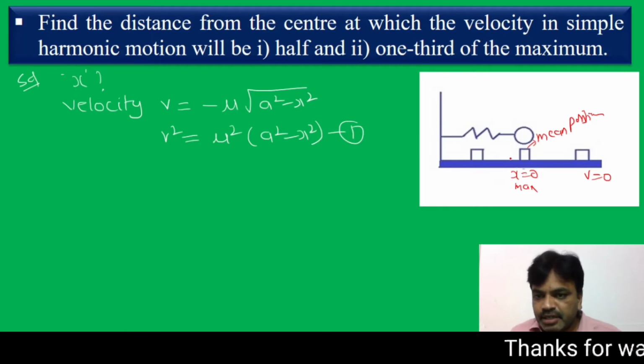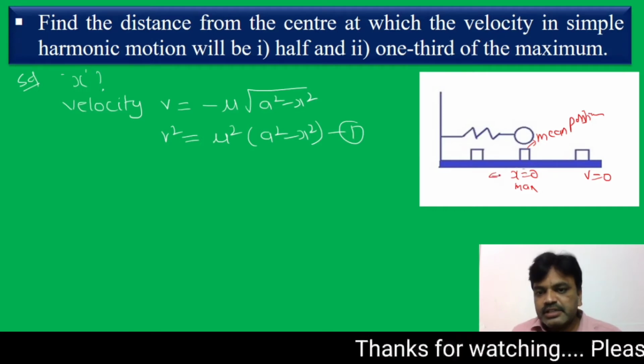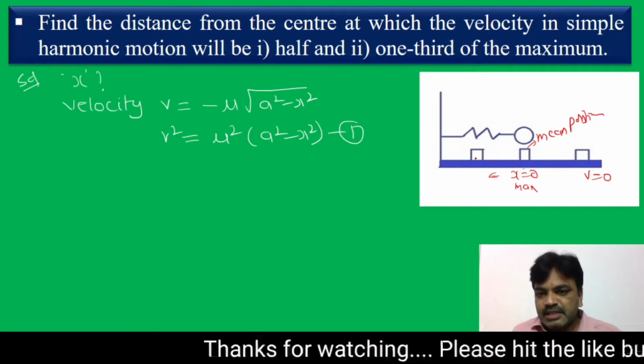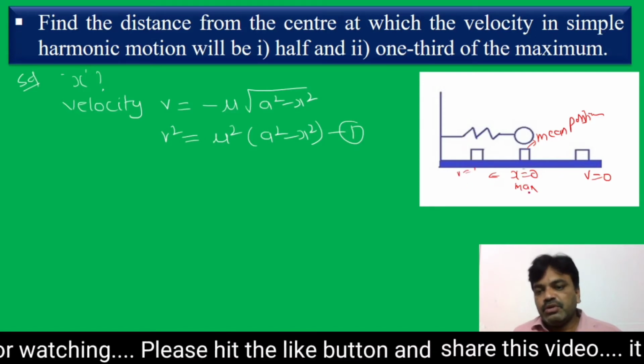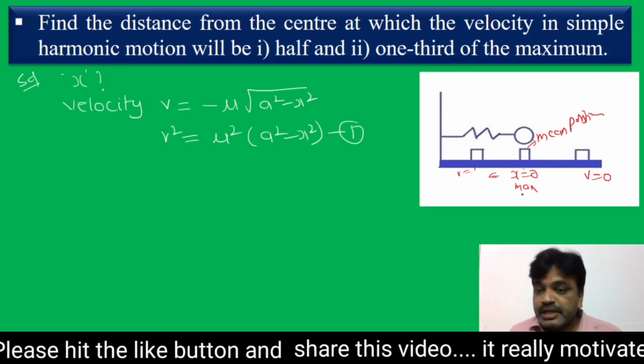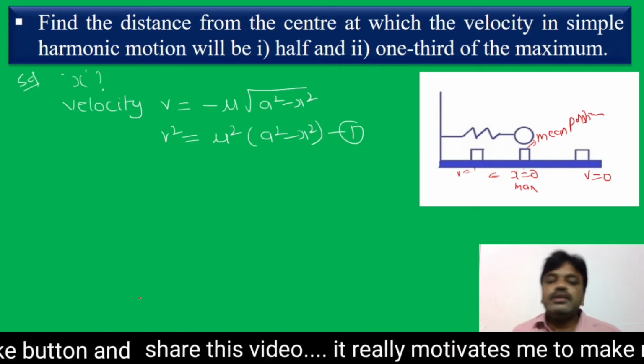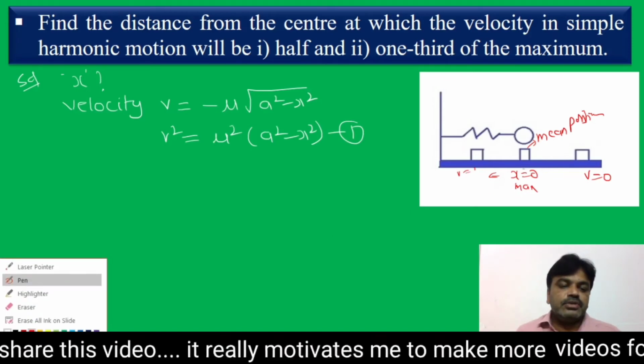Again from here onwards the velocity decreases, until at the other end the velocity is again 0. Where do we get maximum velocity? At x = 0.